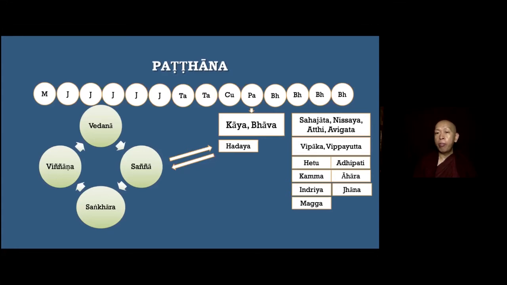Vippayutta. As I explained for kaya and bhava, it is the same. They arise together, but they will not perish together. They have different bases: the mental aggregates have objects, but hadaya, heart materiality, cannot take anything as an object. This is called vippayutta.